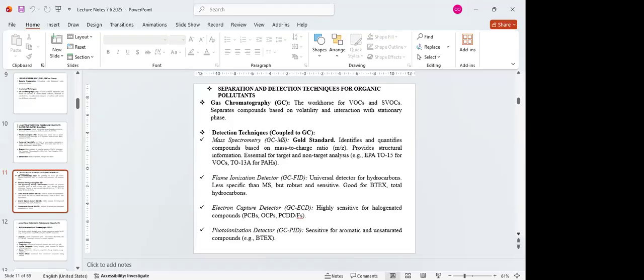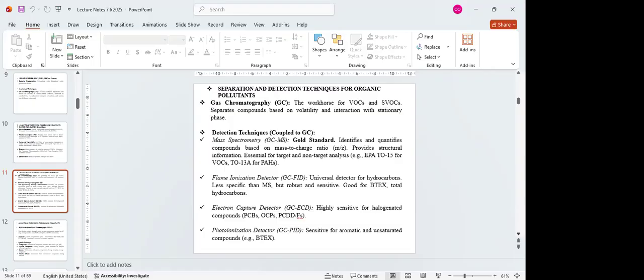As a volatile material, the GC will detect it and identify what it is, and the MS would give us the quantity. It's like a quantity validation, actually.